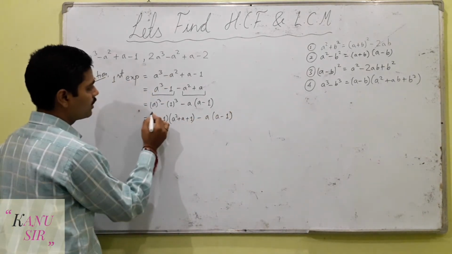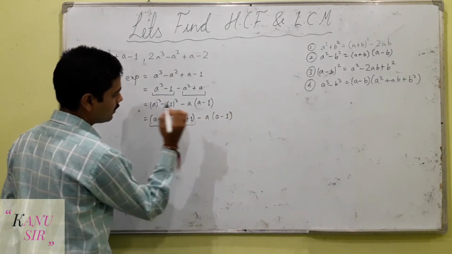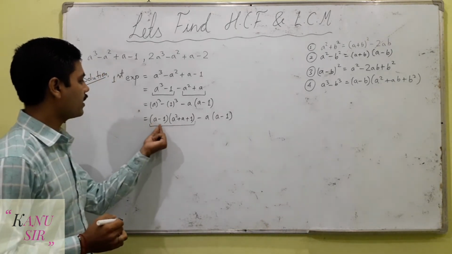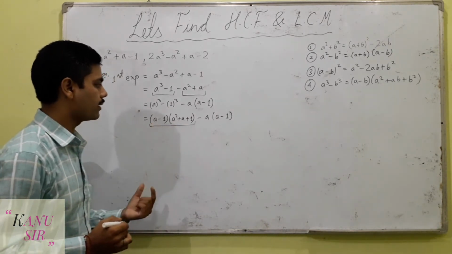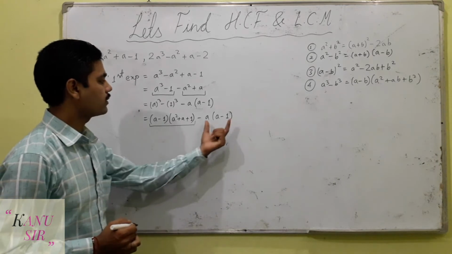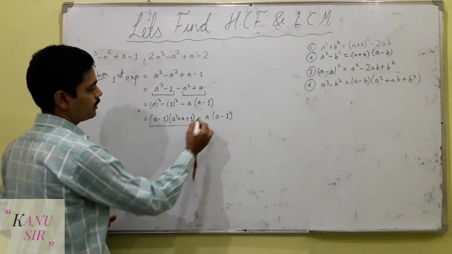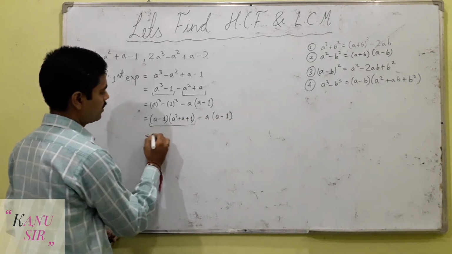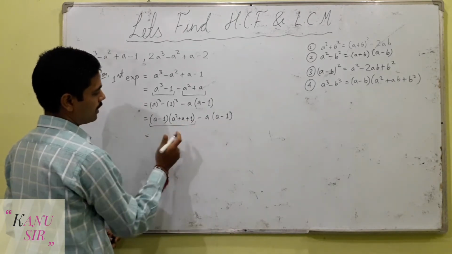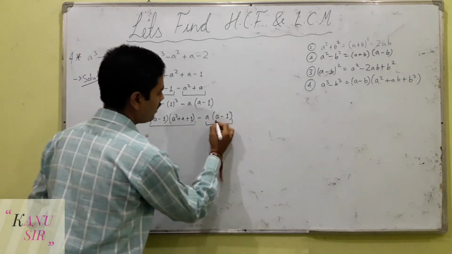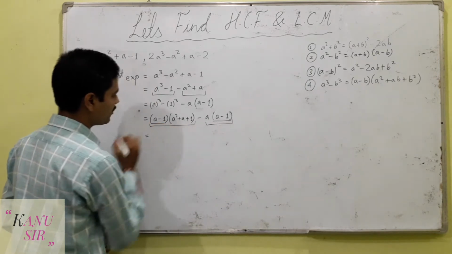Now you can see the first term is expanded in the form of a minus 1, a square plus a plus 1, and the second term is expanded as a into a minus 1. From both terms you can take common a minus 1, which is common in both the expressions.